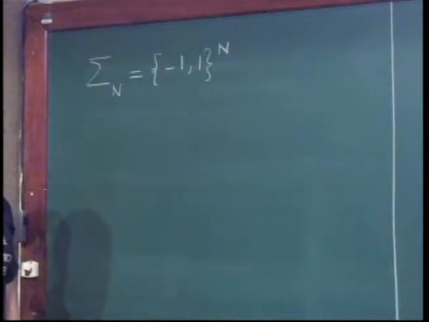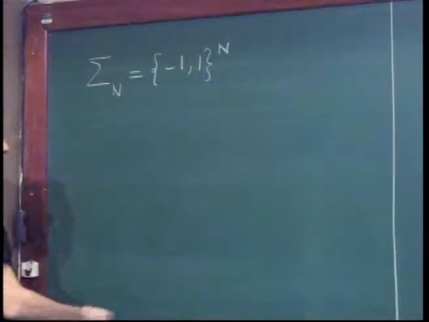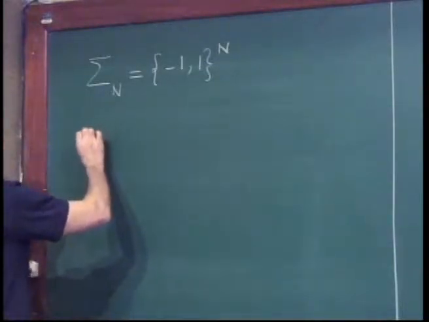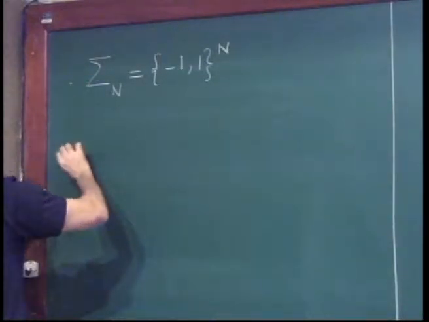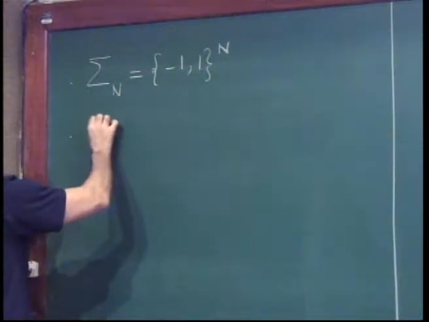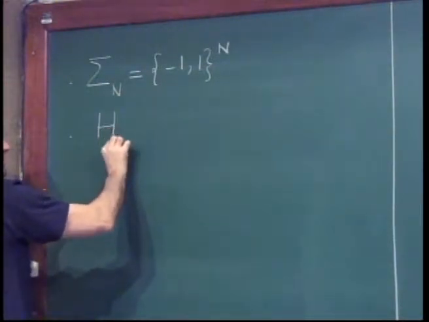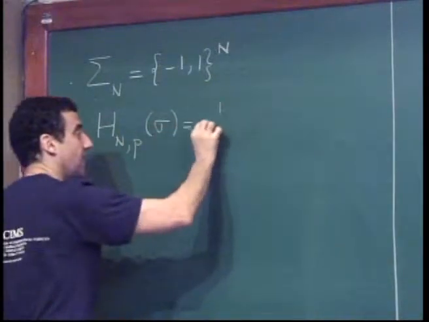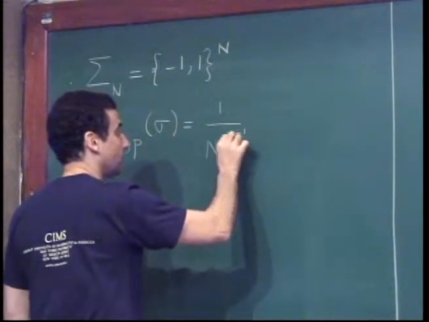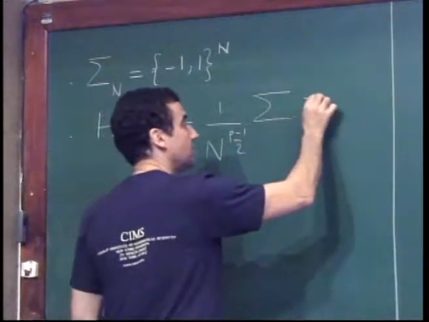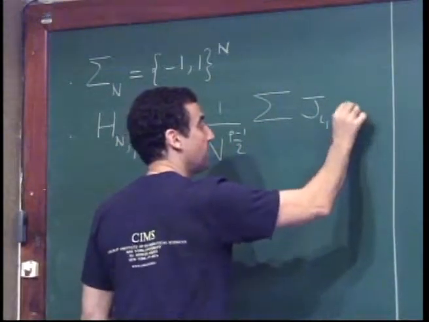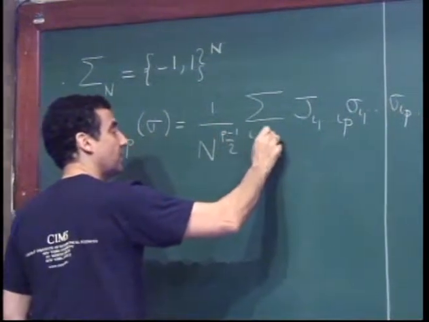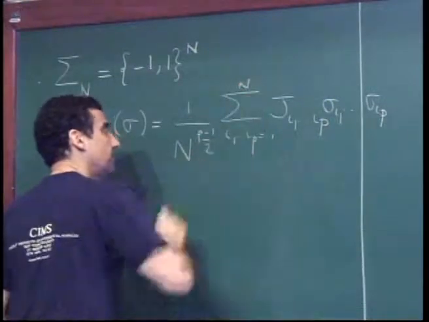On the cubic model, the hard spin model, or the Ising spin model, the configuration space is the vertices of the hypercube, and that's the first thing.